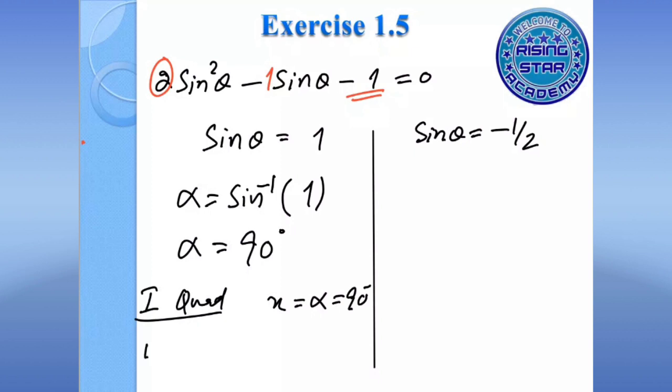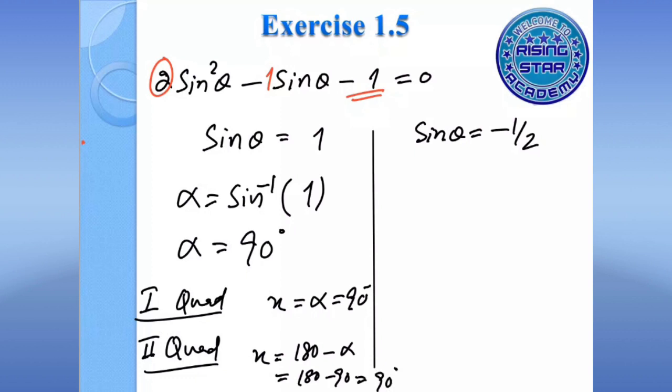And for the second quadrant, we'll write x equals 180 minus alpha. So 180 minus 90 would be equal to 90 degrees. So these are my two answers.